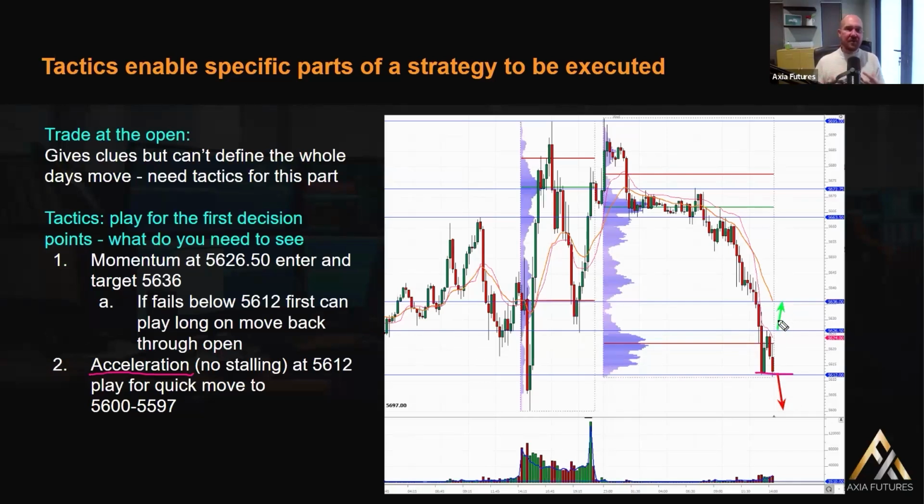So now, rather than just having a strategy that you're going to say, every time I see this type of idea, I'm going to play for a reversal and play this back up, you've now got options, and you've got different tactics around how you're going to trade different parts of this move. There's the initial scalp trade, and then from here or here, you're going to get a secondary trade, which is to play that much wider move.